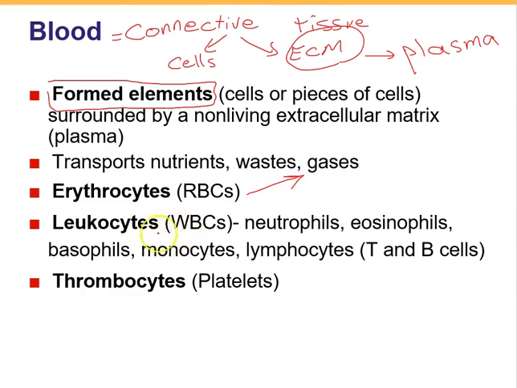And then leukocytes, which are the only complete or real cells in our blood because they have a nucleus and organelles, and these are our immune cells. We have them under different names: neutrophils, eosinophils, basophils, monocytes, and lymphocytes, each of which has a different structure and also different functions.